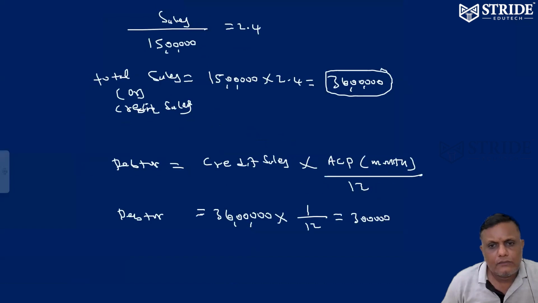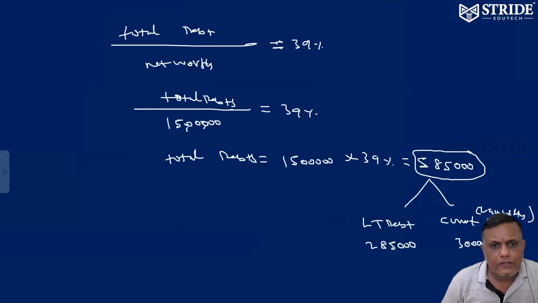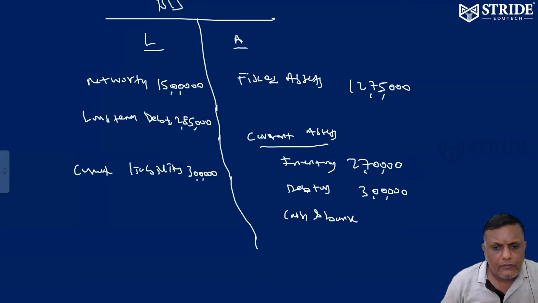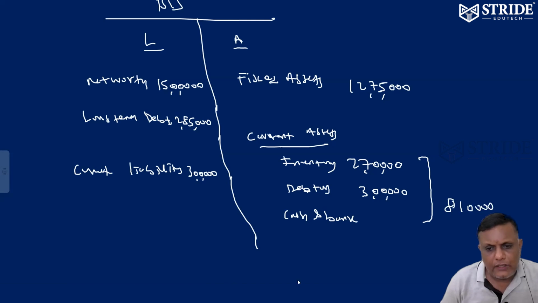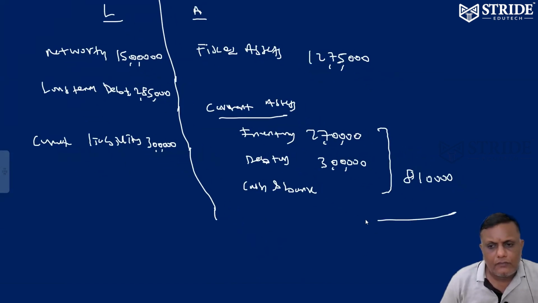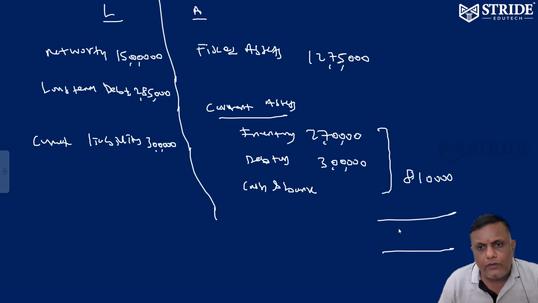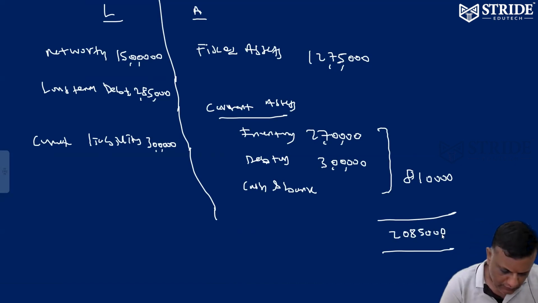Okay, current asset total 8,10,000. So total asset is 8,10,000 plus 12,75,000, so it's going to be 20,85,000.